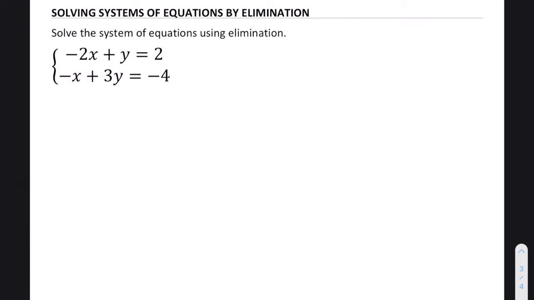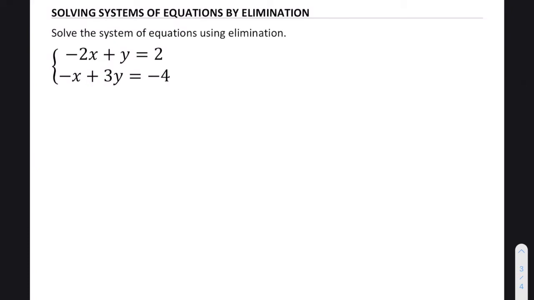Now, we could multiply the second equation by negative 2, and it would create opposites for the x terms, but I don't really want to have to deal with multiplying by a negative 2. So the other option we have is to multiply the top equation by negative 3.